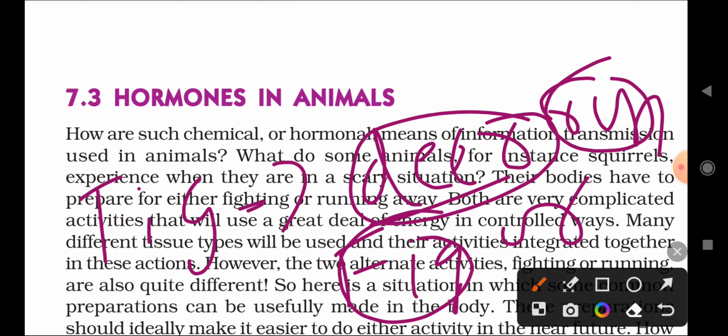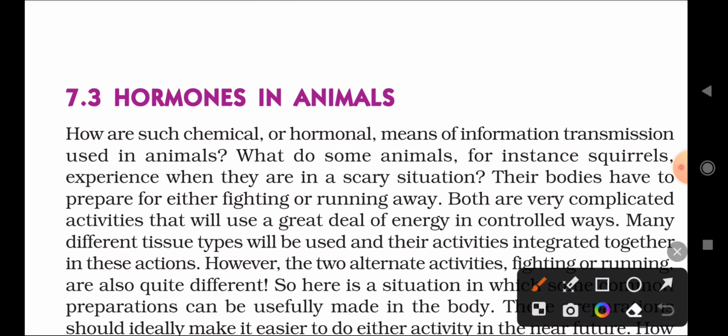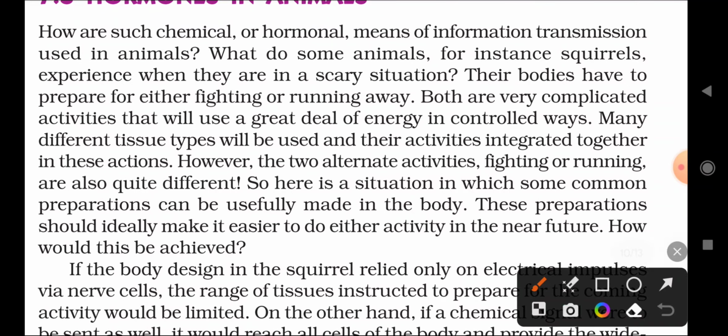Either way, whether fighting or running, it requires a large amount of energy, and that has to be controlled. So many different tissues will be used, with their activities integrated together. A variety of tissues are involved in fighting or running away in that situation.